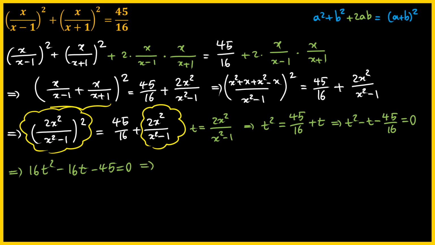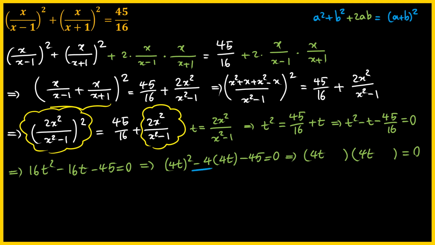To do that, first I rewrite the left-hand side as (4t)^2 - 4 times 4t - 45. And that means that if we factor the left-hand side, our factors will start with 4t. And then to complete the factoring, we need to find two numbers that add up to -4 and multiply to -45.